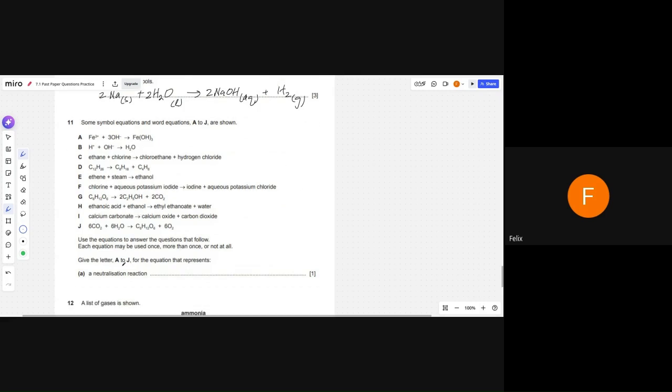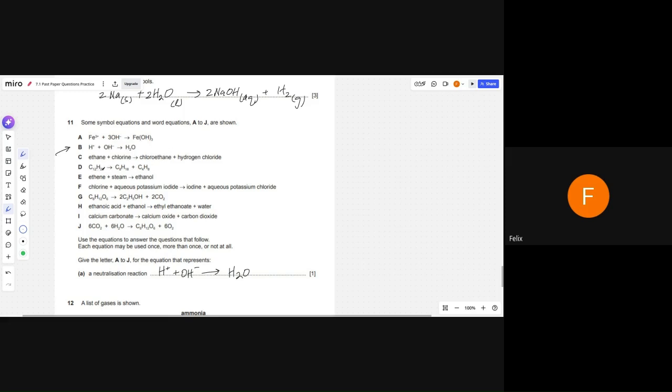Which one is a neutralization reaction? So B, very simple, right? H plus OH minus, producing H2O. The first reaction is a combination. This one, ethane plus chlorine, is a substitution reaction.